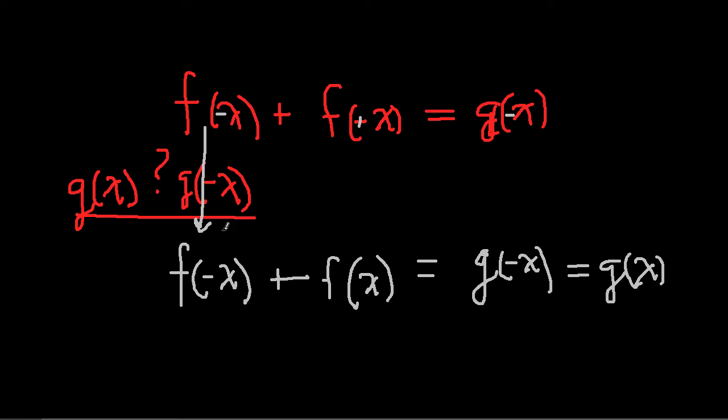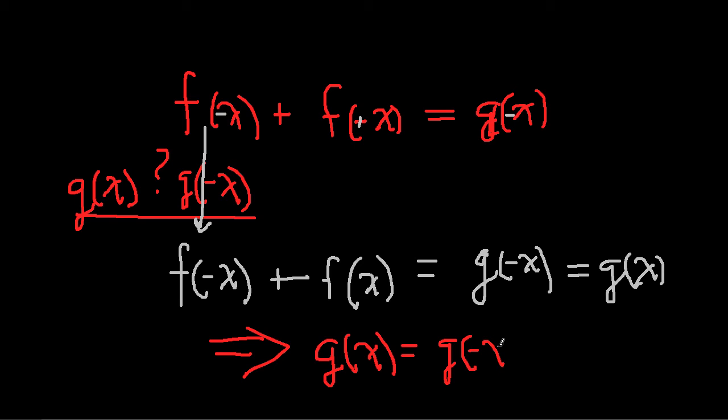So g of x is equal to g of negative x. That means our function g of x is even.